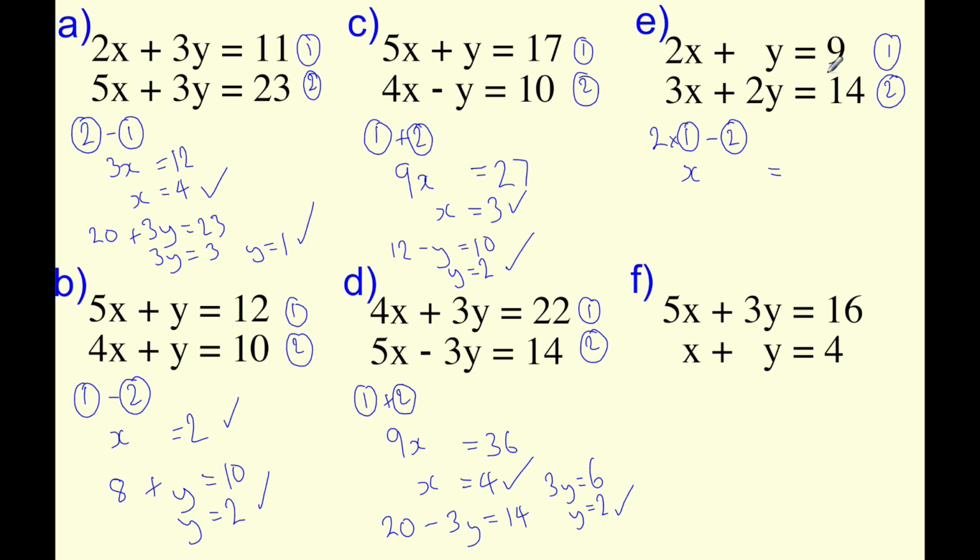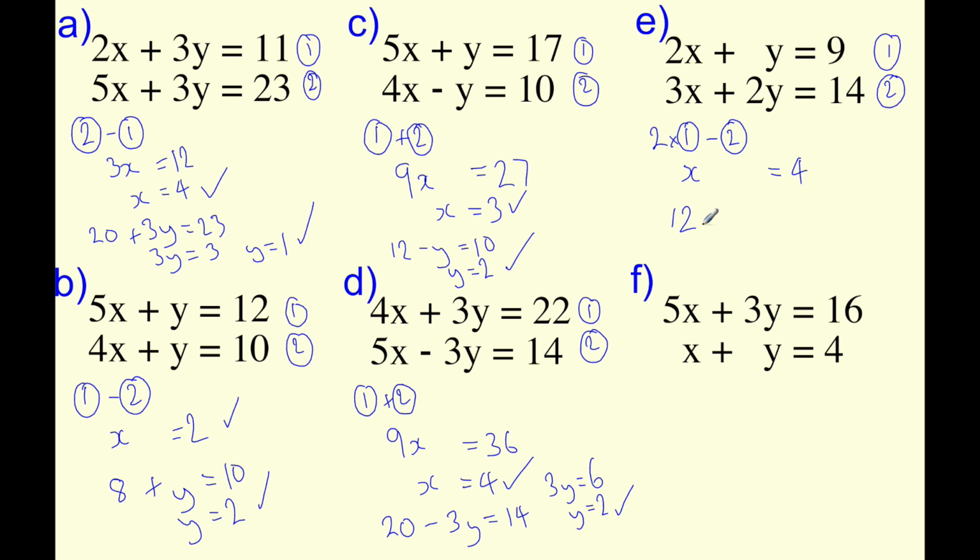And then we've got 2 lots of the 9, 18, take away the 14 is 4. So we've got x is 4. Okay, if you weren't too sure about that, you might want to just rewind a little bit and listen to that again. So now we've got x equals 4. 3 lots of 4 is 12.